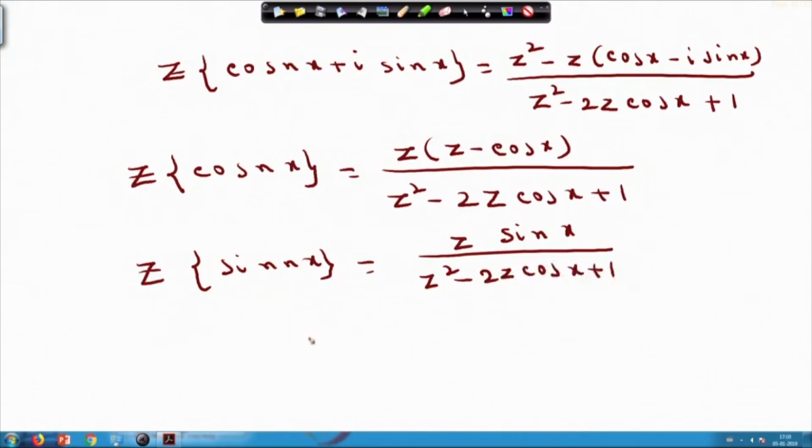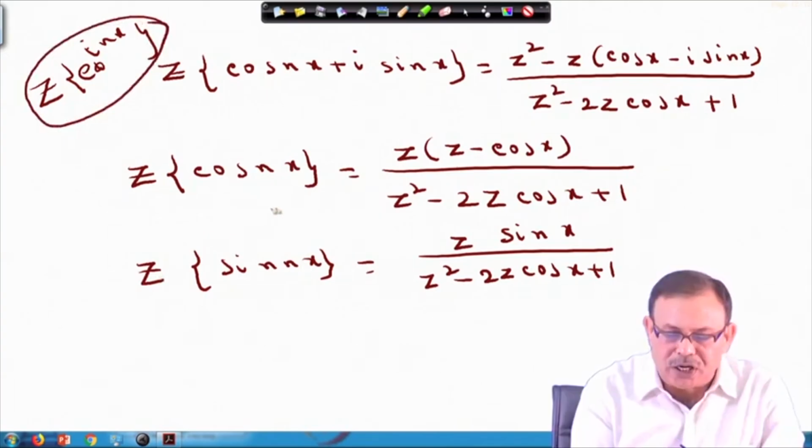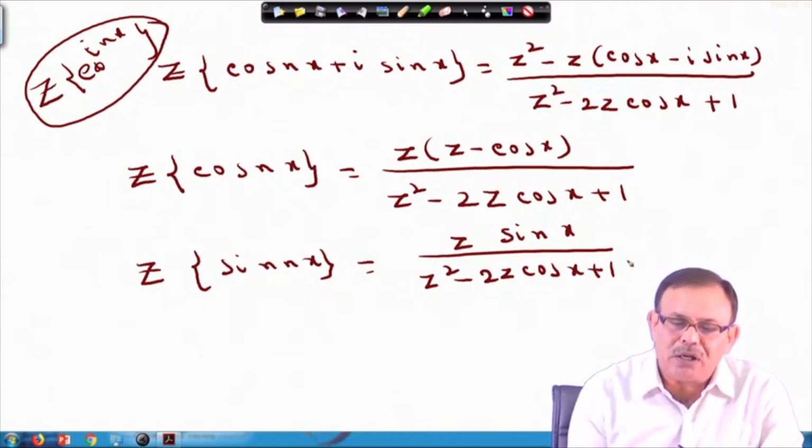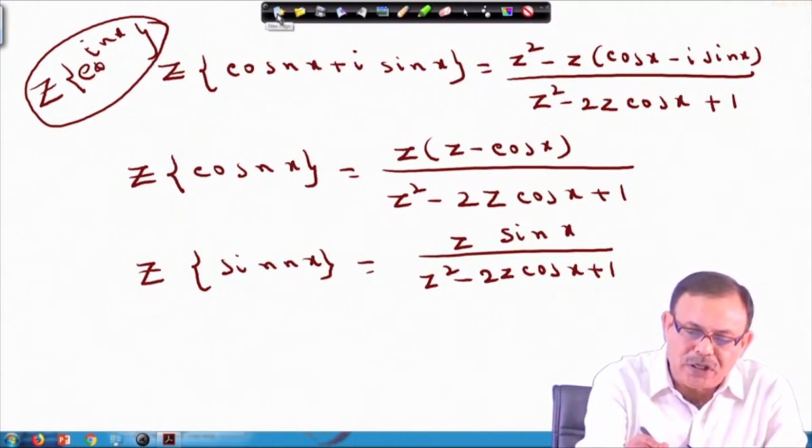So you see, by using the Z transform of e power i n x, I have found the Z transform of cos n x and of sin n x by simply equating the real part and the imaginary part.